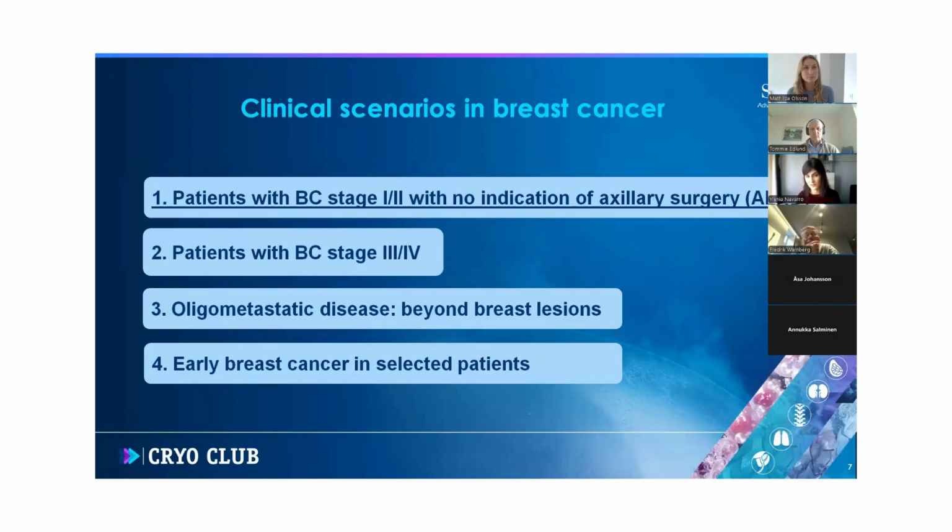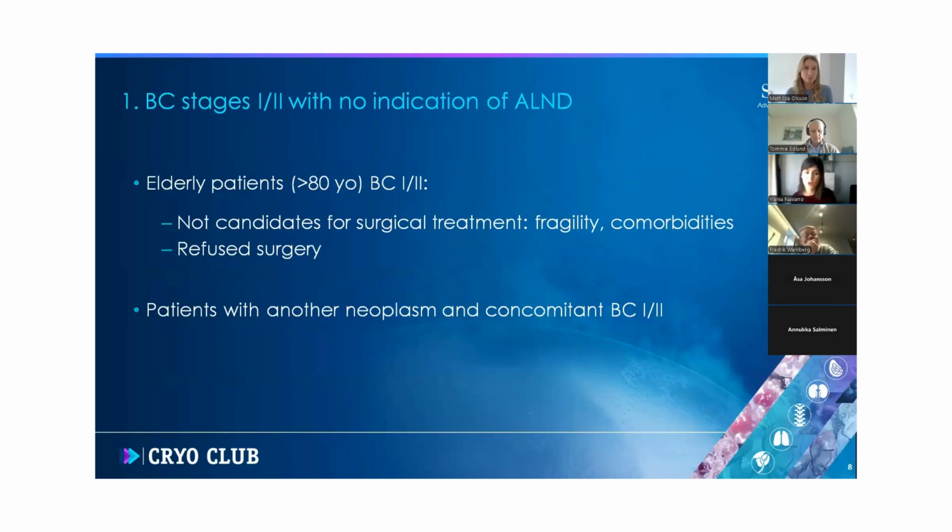Patients with breast cancer stages 1 and 2 with no indication of axillary surgery. And here we're referring to elderly patients who are not candidates or refused surgery because of age, and also patients with breast cancer stages 1 and 2, no matter the age, with another primary tumor in a different location in which we are not going to do an axillary surgery in most of the cases.